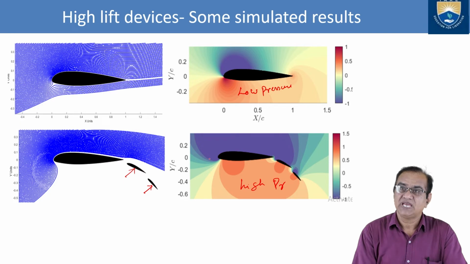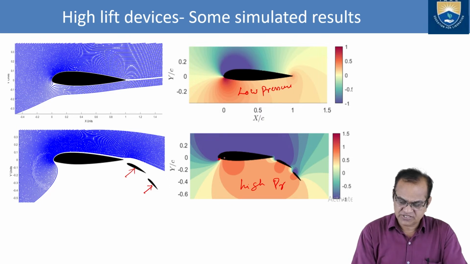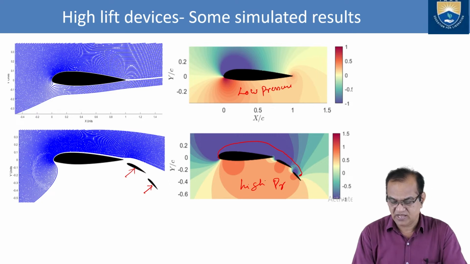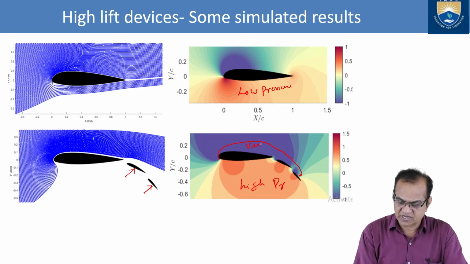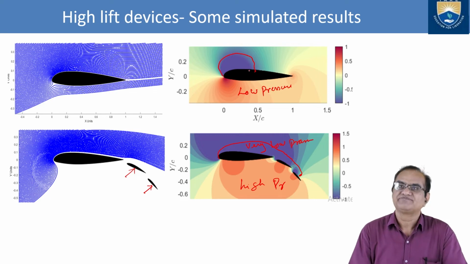If you see the upper side, from the stagnation point, here is the stagnation point, from this stagnation point up to the end, you see this much area is very low pressure, compared to here, where it is only up to here.